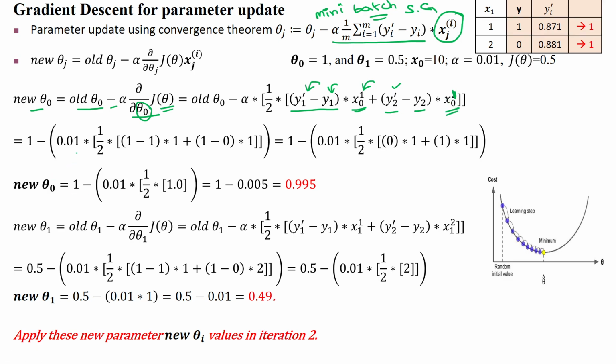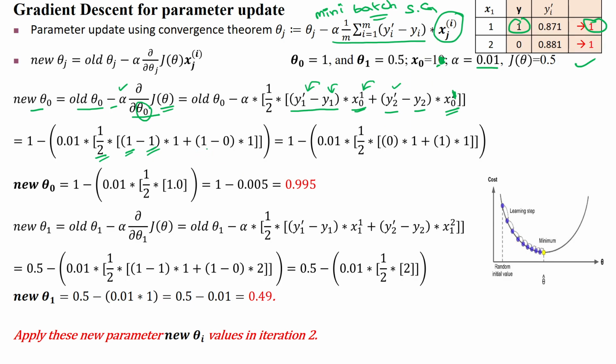Now we are substituting the values. Here alpha is 0.01, and 1 by 2m, where m is the number of samples, is 1 by 2. Then this is the predicted output of sample number 1, and the actual output is 1, multiplied by x0, which is always 1.